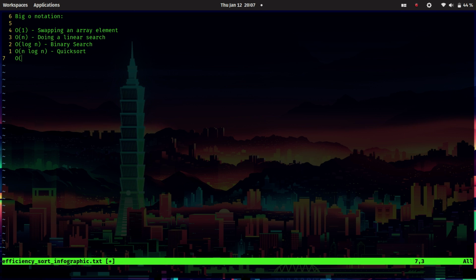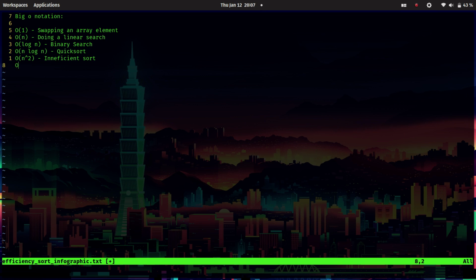So it'd be O(n squared). An inefficient sort would be O(n squared), or it's something that would take a large amount of space.